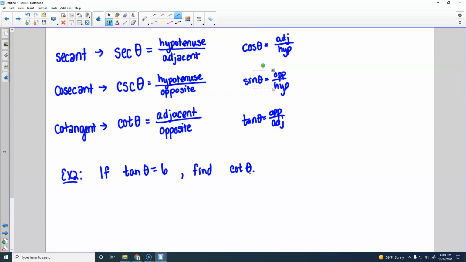If you do get a problem like this where they're reciprocals, you don't really even have to draw the triangle. You can if you want.